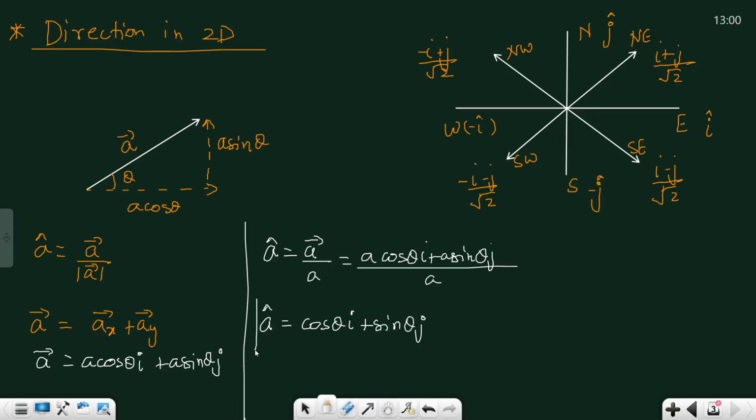This is the unit vector. Clear? Is it clear? Note it down.